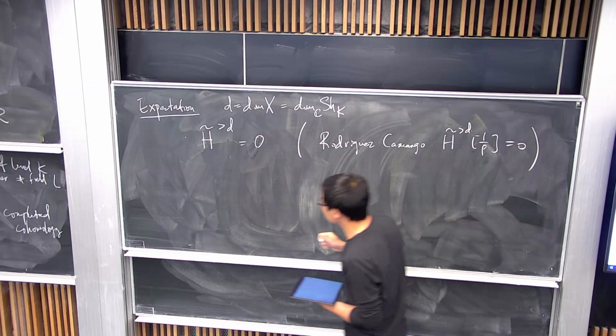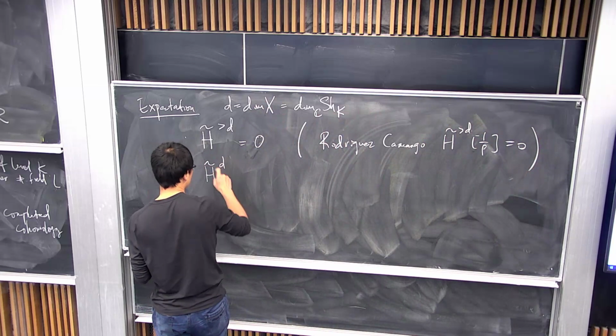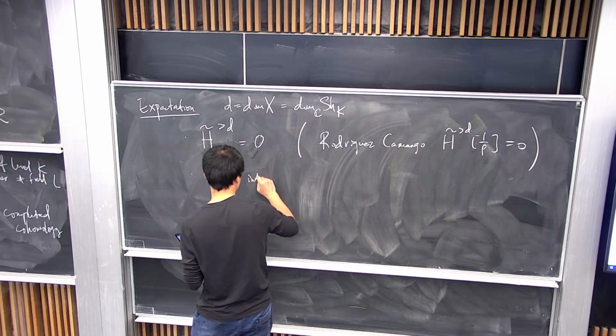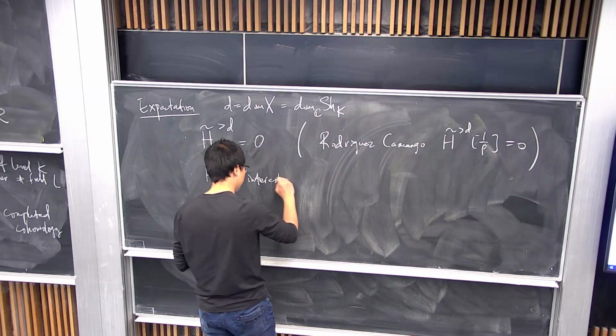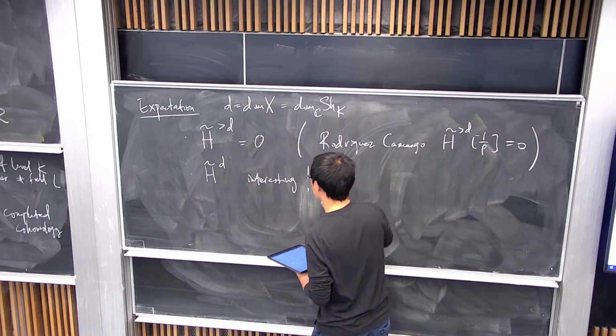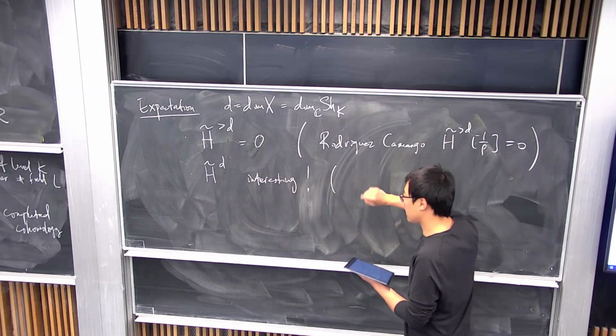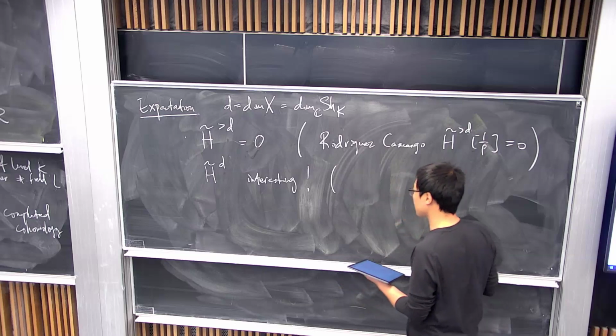And as I mentioned, we expect that the middle degree is the most interesting degree. What do I mean by interesting? I would just refer to Emerton's work on local-global compatibility.